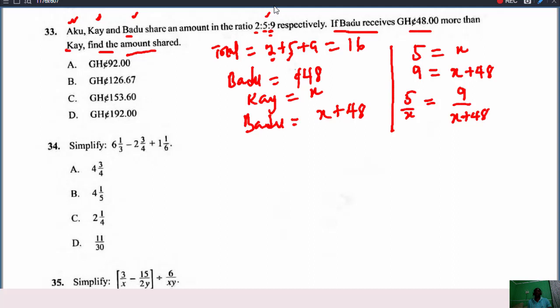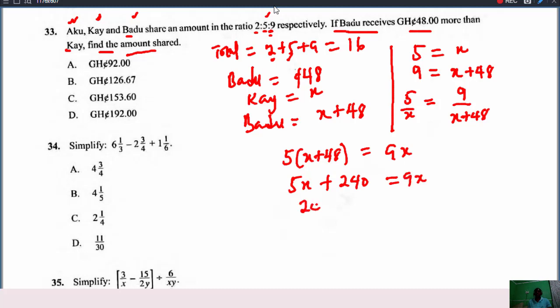So we do our cross multiplication. We will get 5 multiplying S plus 48 is equal to 9x. So it will be 5x plus 48 times 5 will give us 240 is equal to 9x.